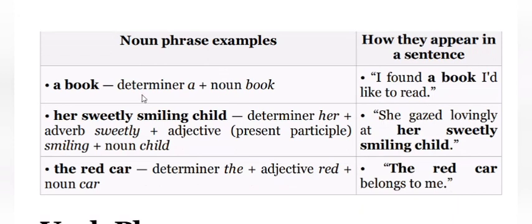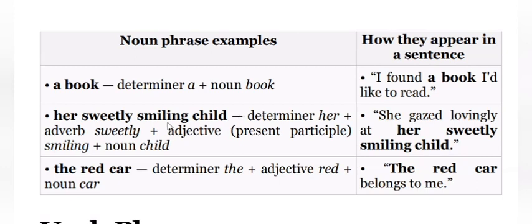A book. A book is made by the determiner a plus the noun book. I found a book I would like to read. Here, it is made from a determiner a and the noun book.